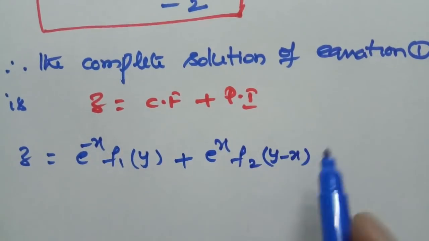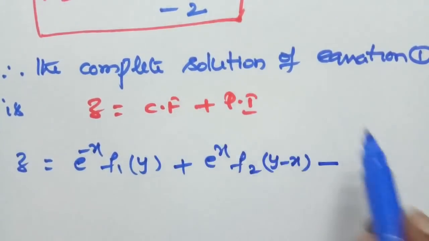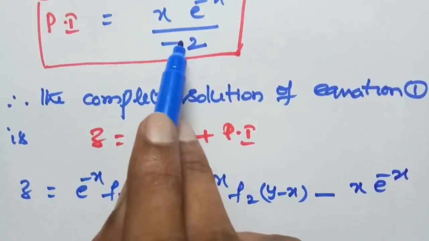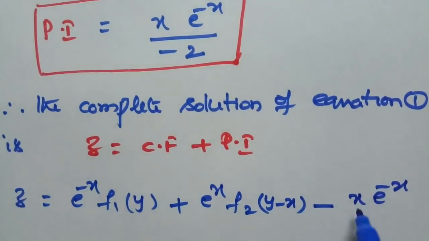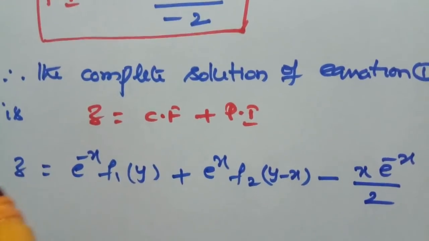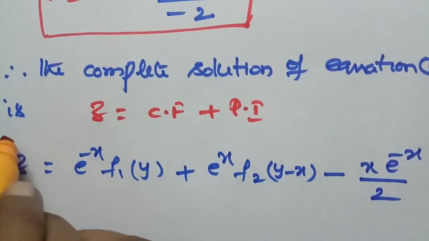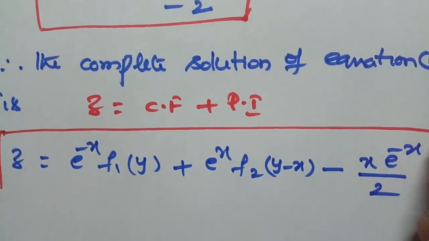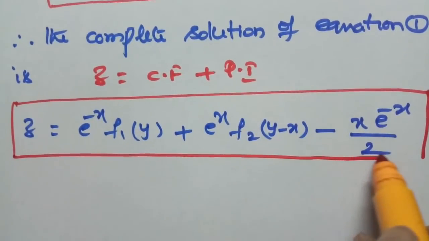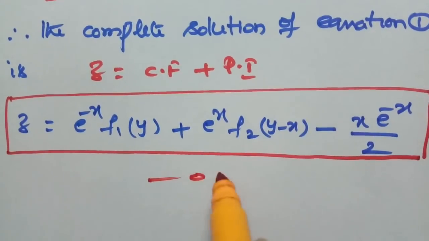This is the complementary function. Now the particular integral: minus x into e power minus x by 2. Therefore, this is the required complete solution for the given equation 1.